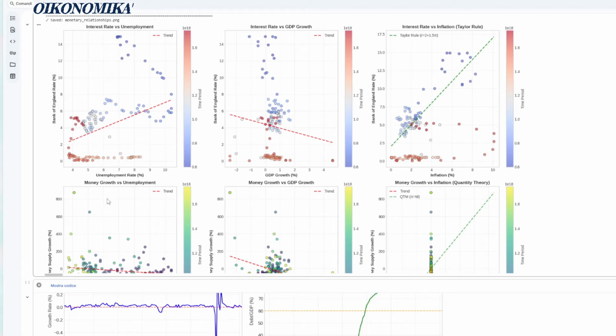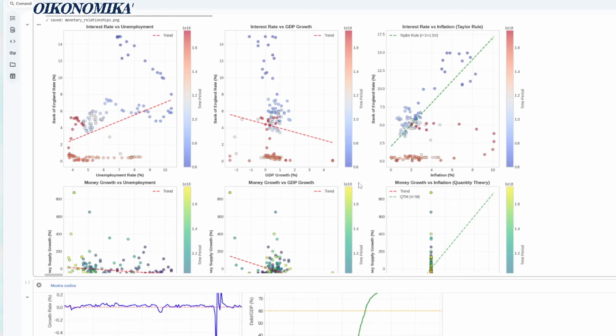So what that means is that when the Bank of England becomes more hawkish and they hike interest rates, you see how the dots populate the higher rate of unemployment, and the color basically defines the period of time for which unemployment and rates have been at those levels.